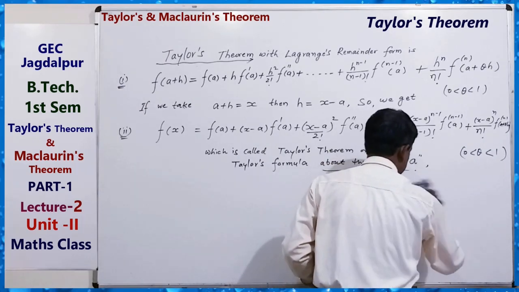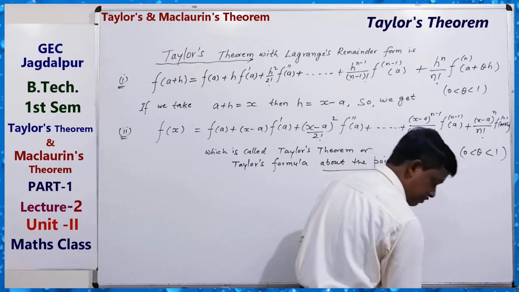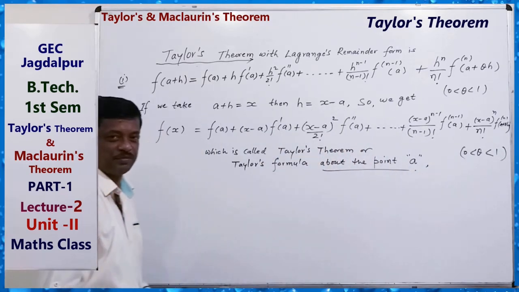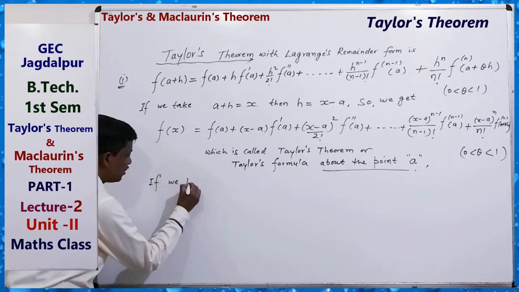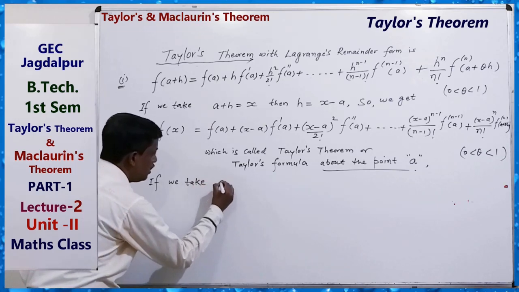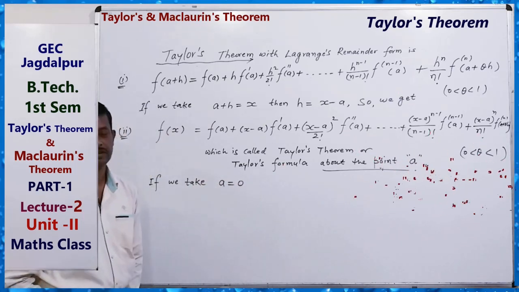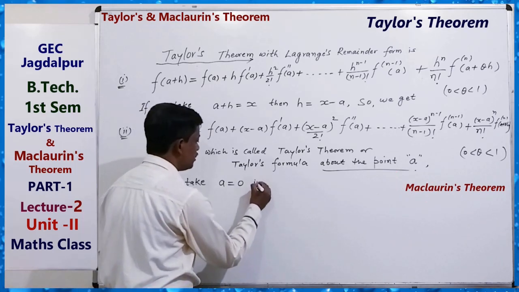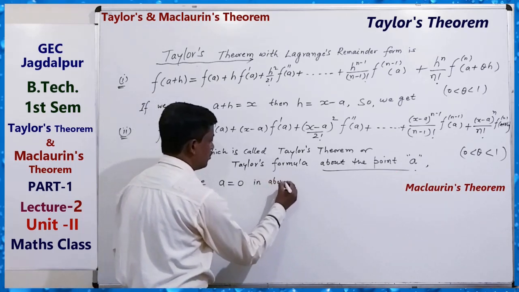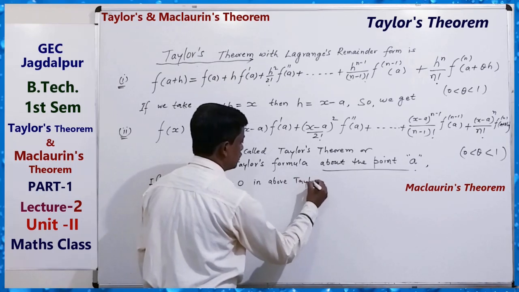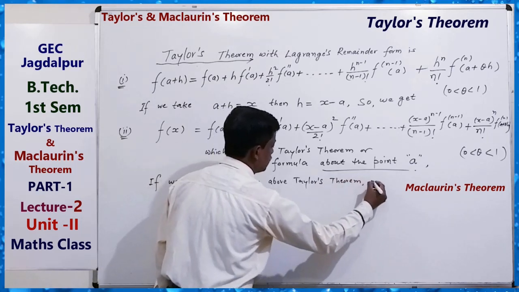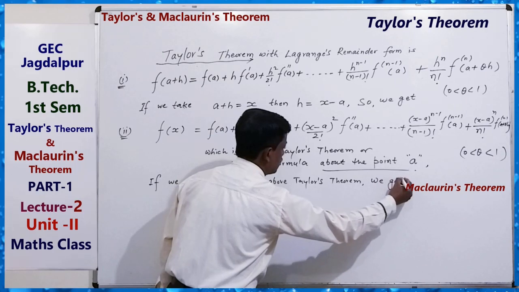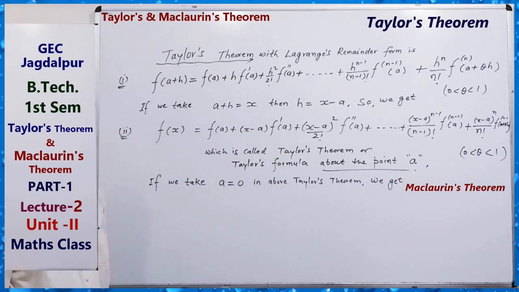Now, a special case of Taylor's theorem, very important here: if we take a equals to 0 in the above Taylor's theorem, we get Maclaurin's theorem.